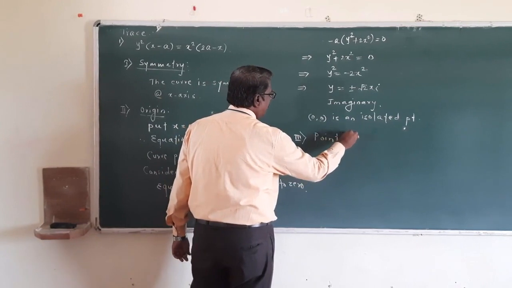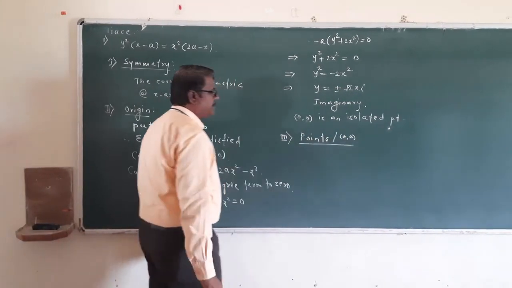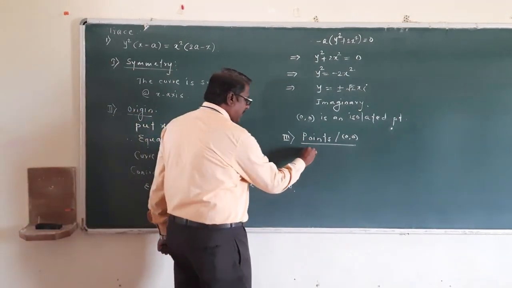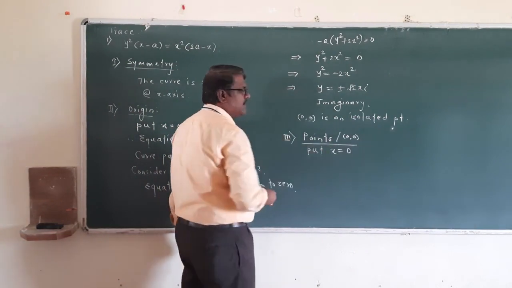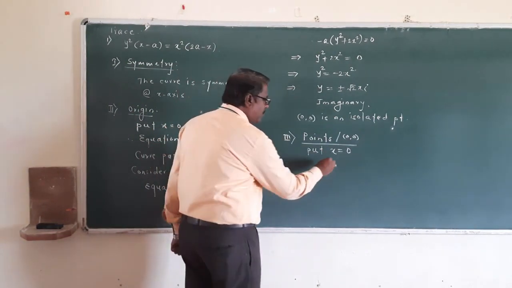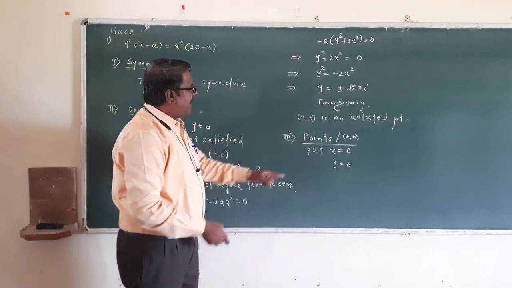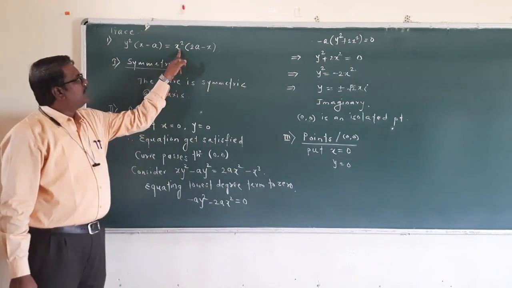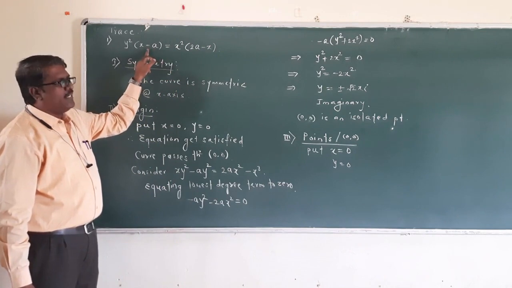Now we will go towards third point, that is points other than origin. How to get points other than origin? Put x is equal to 0, you will get point on y-axis. Put y is equal to 0, you will get point on x-axis. Now see, where x is equal to 0, if I substitute in the given equation, RHS is 0. Here 0 minus a, it is minus a.